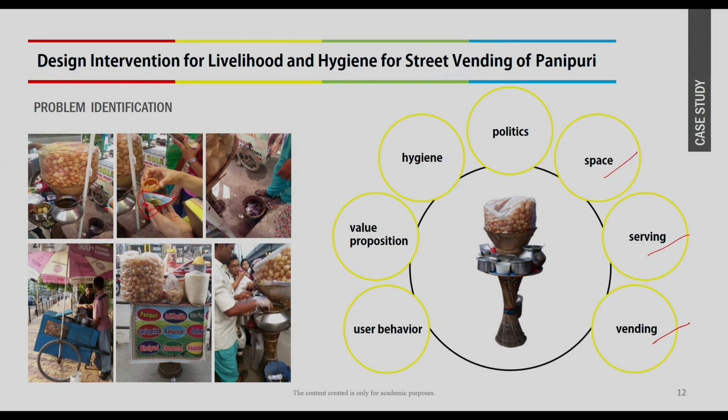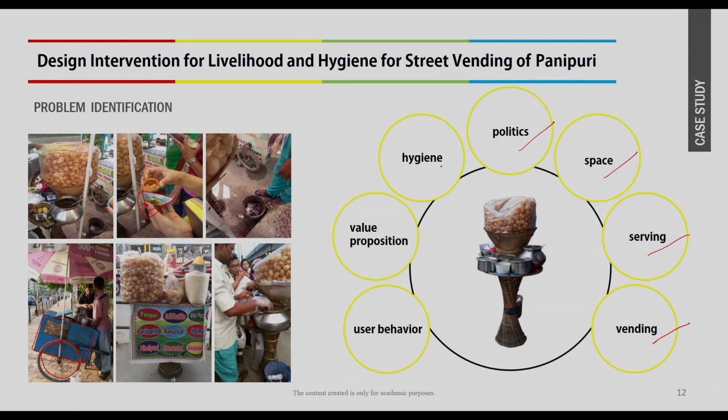To sell in a place, you have to give some token amount to be a part of the community. There are issues related to politics. Where these wheel carts are selling, the stand cart cannot sell their Panipuri.